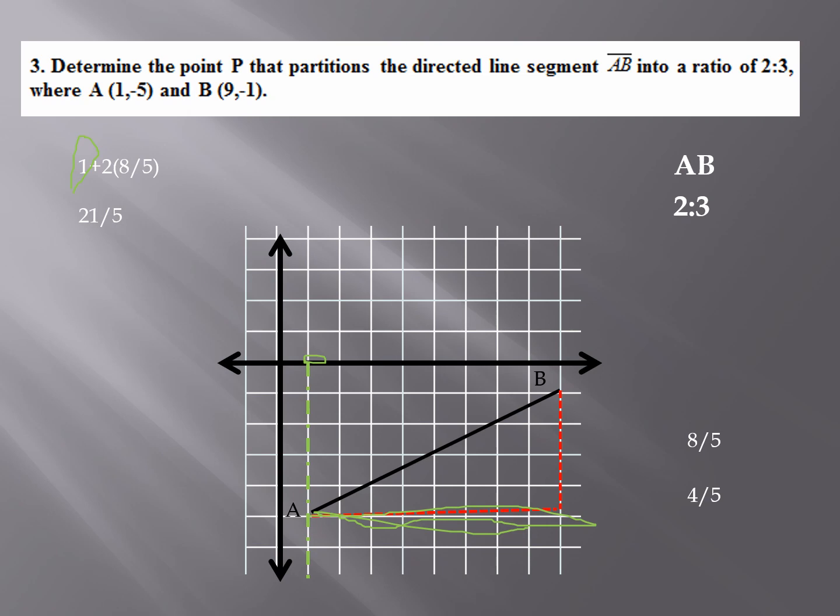If you're worried right now, number 2 is what we will be most focused on in class. Then you repeat that with B. B starts at -1, and then you need to subtract because you're going in the negative direction, going left that way. You need to subtract 3 times 4/5 because B was getting 3. This is good to have in your notes to reference, but you will not be asked to do one like this. You will be focused on one like number 2.